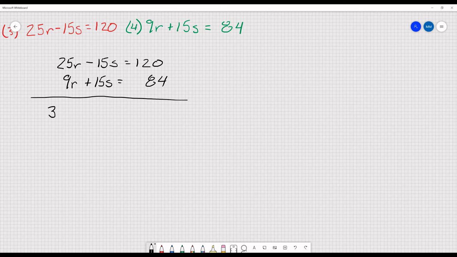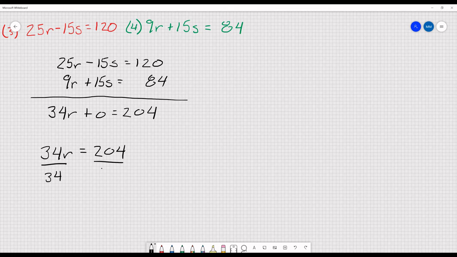This gives me 34r plus 0 equals 204. My next step says, okay, solve what remains. All I need to do here is divide by 34. I'll take 204 divided by 34, that is 6.